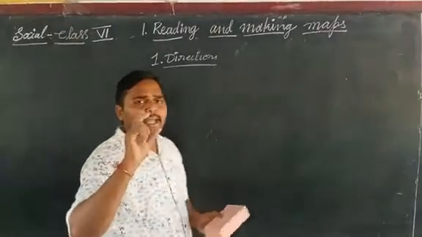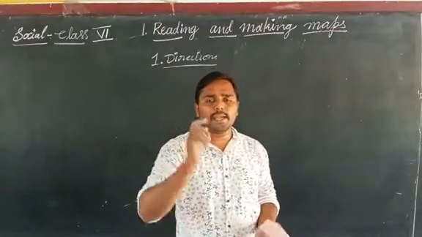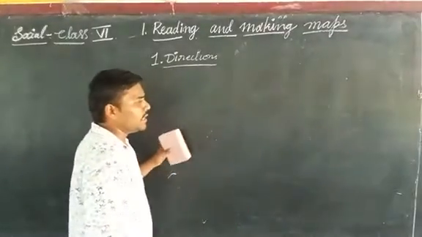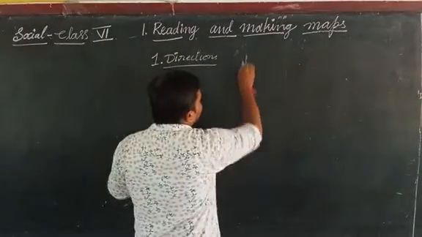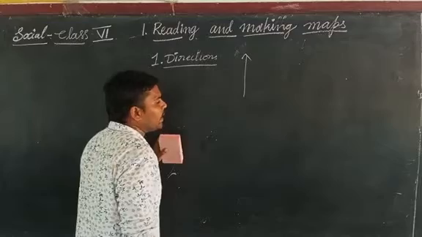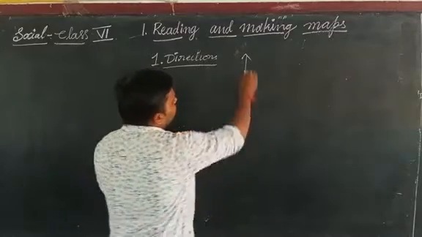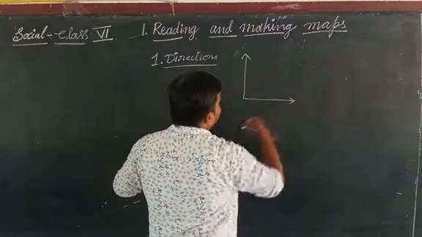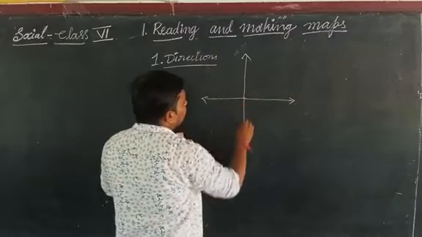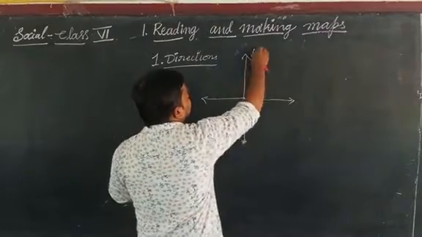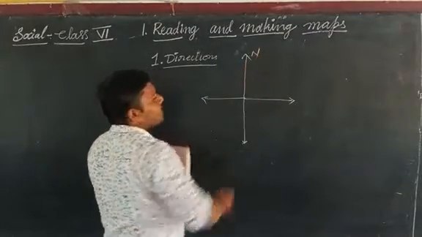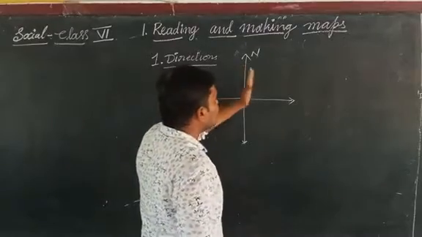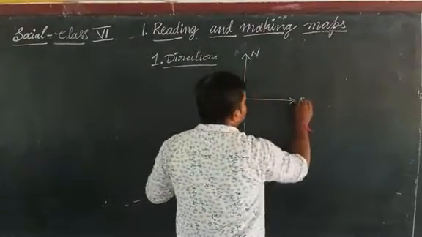Suppose you take a magnetic compass, it is always showing the north direction only. That's why, with the help of this magnetic needle, we can find the other directions. The magnetic needle is always showing north. The direction which is right to the north is east.